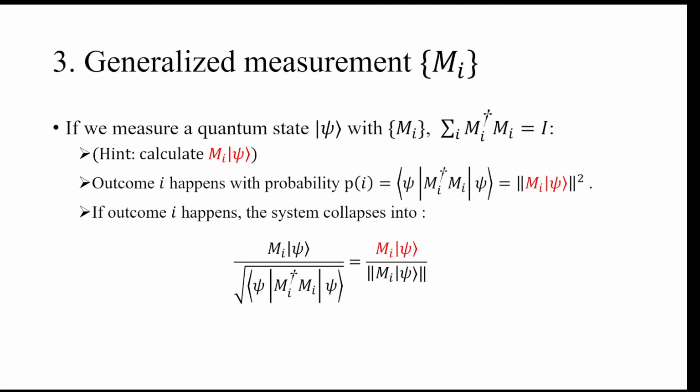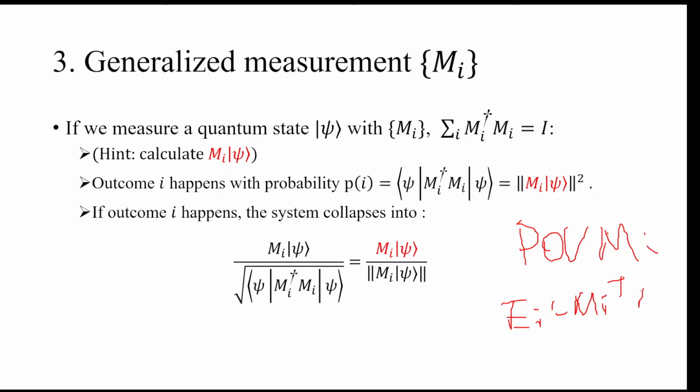I should also say, remember there is also this POVM thing, where you do a generalized measurement but you don't want to keep track of the post-measurement state, and then you can just keep track of those Ei, which are Mi dagger Mi.